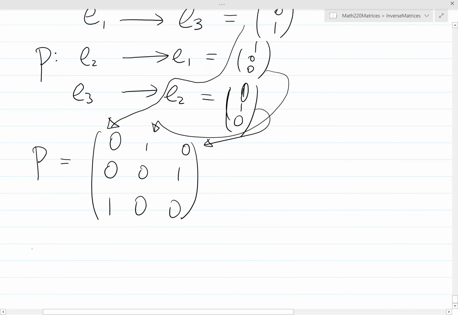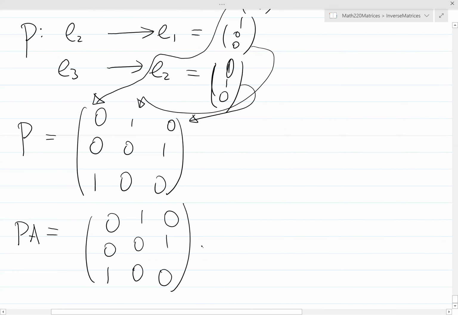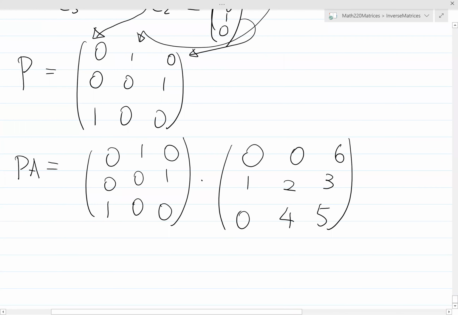If we have a P, then PA is 0, 0, 1, 1, 0, 0, 0, 1, 0. Then multiply A, which is 0, 1, 0, 0, 2, 4, 6, 3, 5. Now what do you get? The first row times the first column, you get 1.